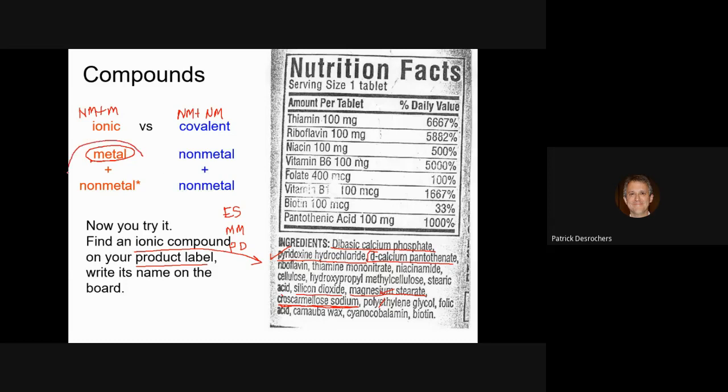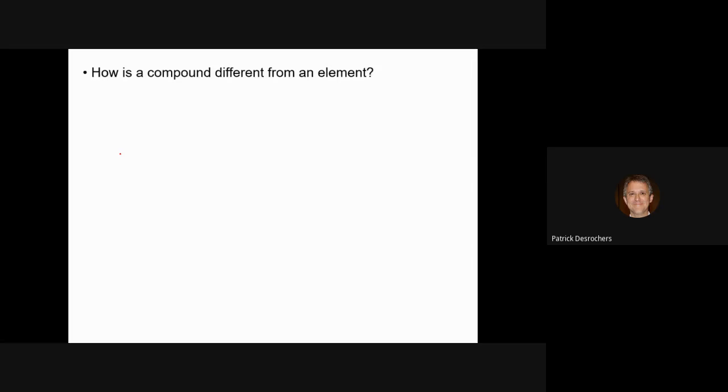There was a big pregnant pause, like people were worried about giving the wrong answer. If it's got a metal in it in this class, I would bet my life that that compound is ionic, right? And the reason why that's important as we go further is it governs what you do when you have those things dissolved in your water. It affects the properties of it. Okay, so you and I are going to go down a list. How is a compound different from an element?